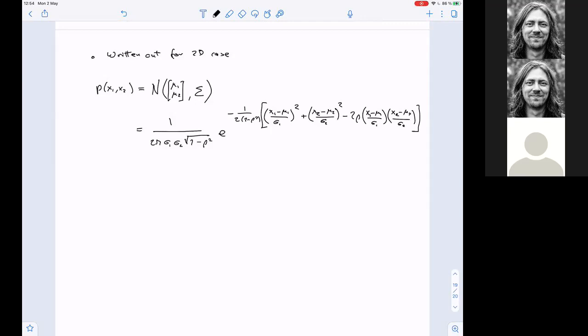So this is the 2D case, and we notice that for rho going to 0, P of x1, x2 goes to just a factorized PDF, because then the cross term vanishes and you're just left with a product of two one-dimensional normal distributions, mu1 sigma 1 and mu2 sigma 2.